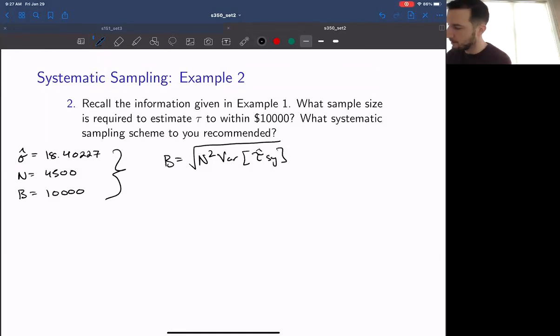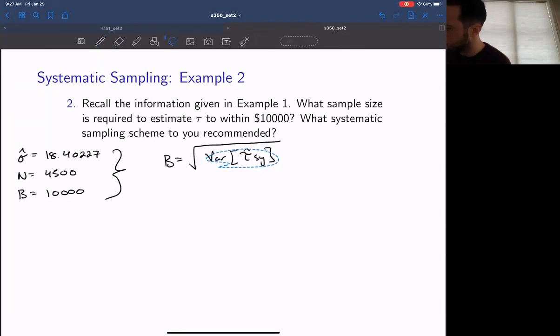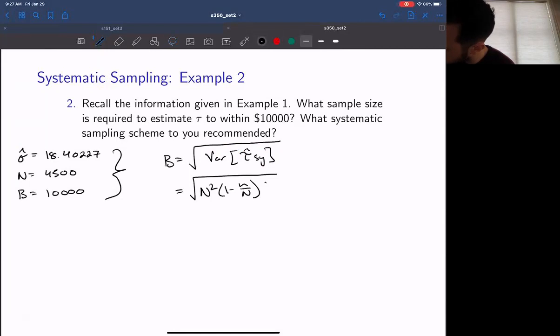So this will be the square root of N squared times 1 minus little n over capital N, times sigma hat squared over little n.